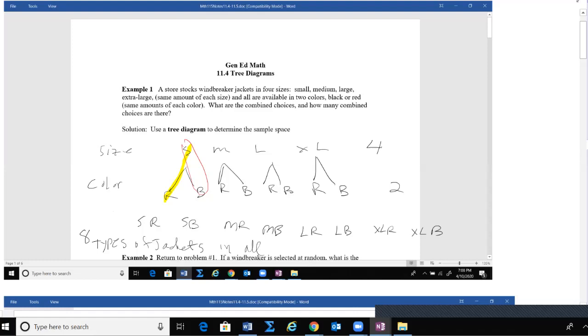So with 4 different sizes and 2 colors each, we have a total of 8 different combinations of size and color for these jackets. 8 types in all. And you can list them as I did here on the bottom.